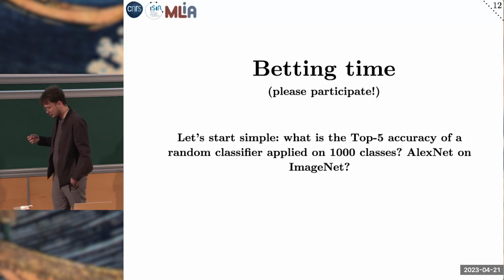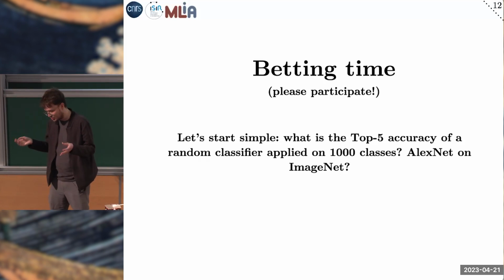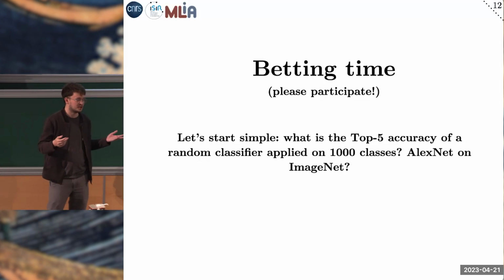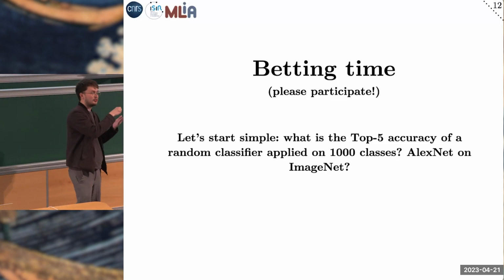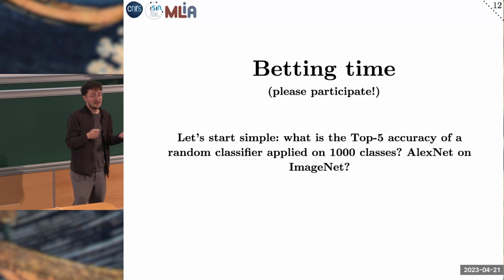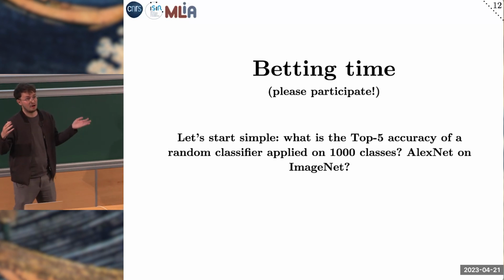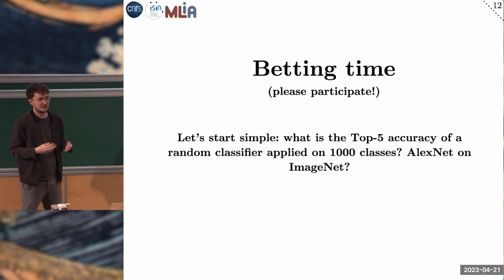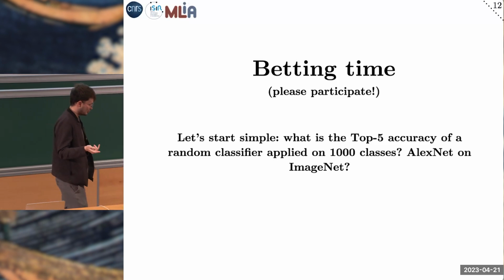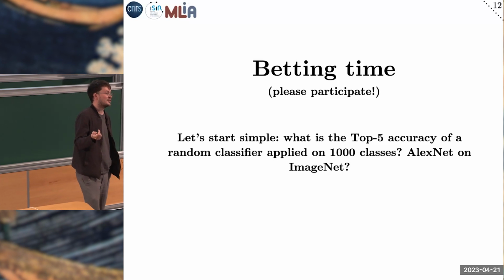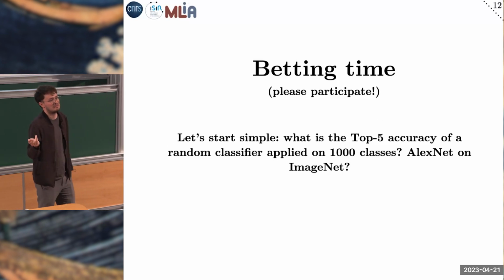Think again about this ImageNet dataset where you have 1,000 classes, which means that basically you need a couple of sheets of paper to try to figure out which label is an image. You have labels like forest, cat, cloud. What is the appropriate label for a given task? First simple question, what is the accuracy of a random classifier if you have 1,000 classes?